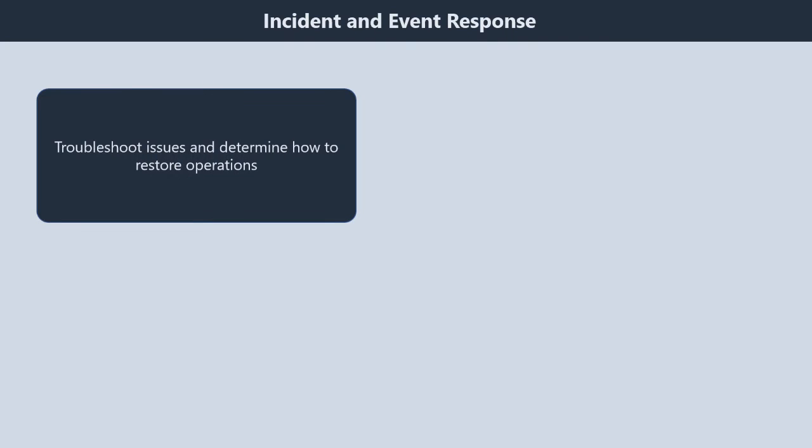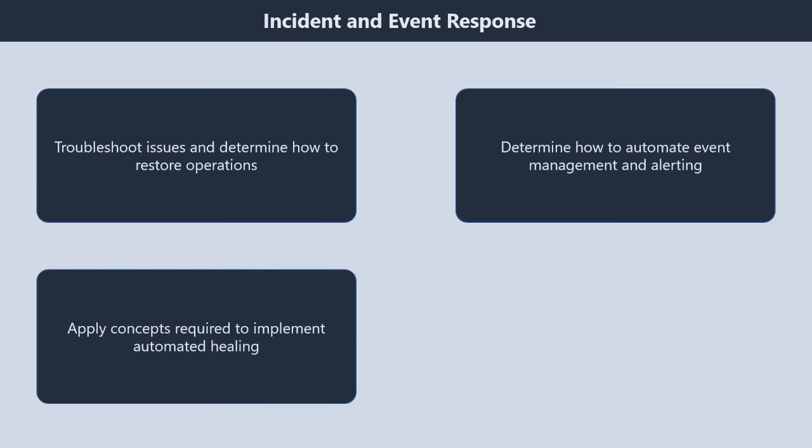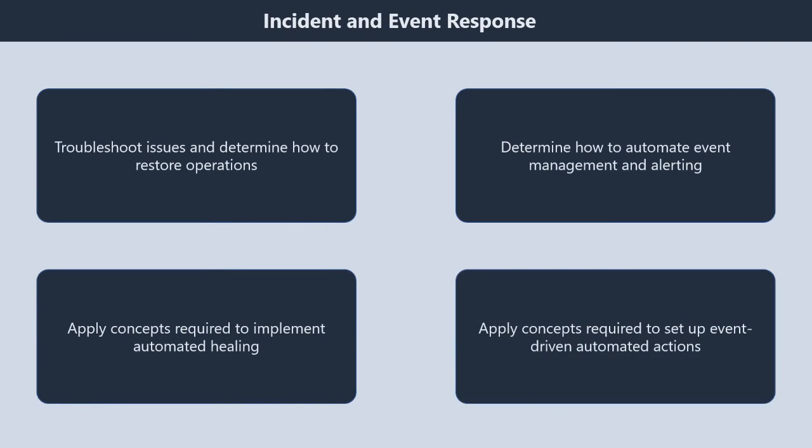Domain 5, incident and event response, 18%. It contains 4 subtopics which are: first, troubleshoot issues and determine how to restore operations. Second, determine how to automate event management and alerting. Third, apply concepts required to implement automated healing. Fourth, apply concepts required to set up event-driven automated actions.